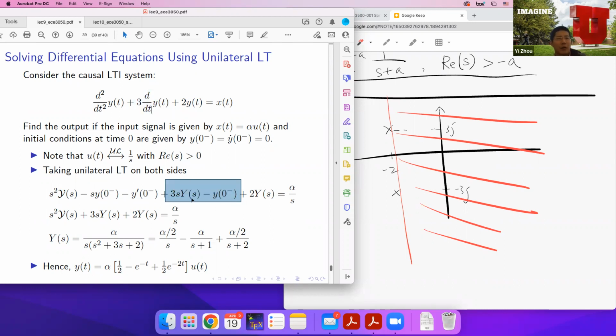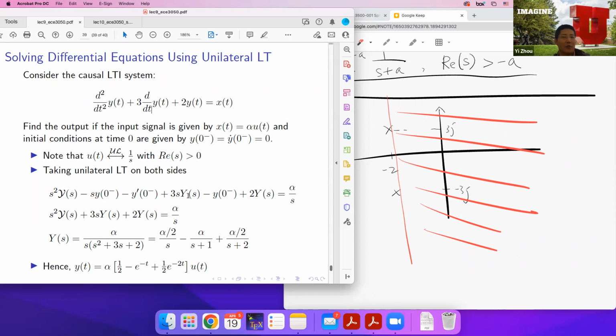unilateral transform. And I think there should be a factor of 3 here. It's missing here, but it doesn't affect the final result because it's 0. And the last one is basically 2 times Y(s). Okay, I think there are several things that need to be updated.